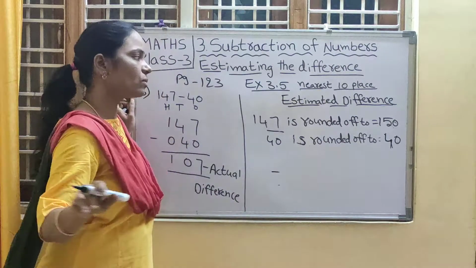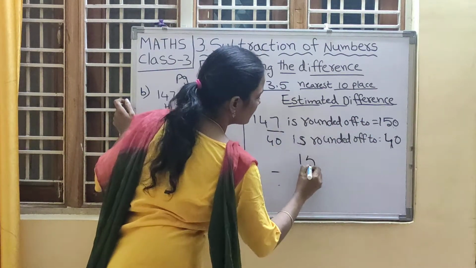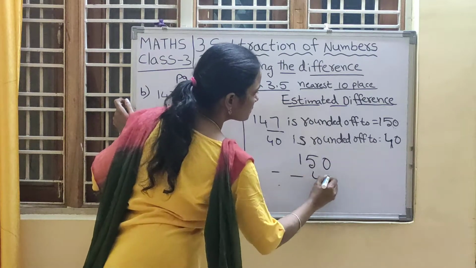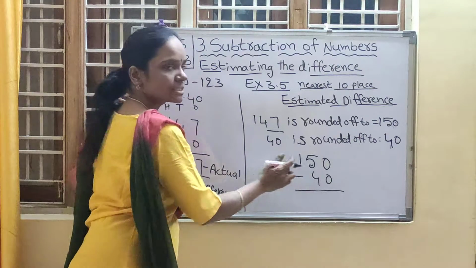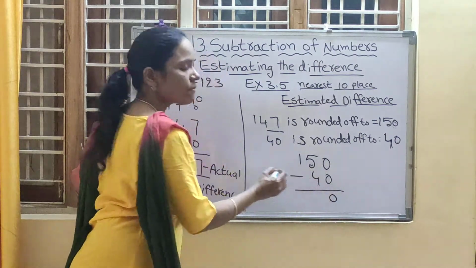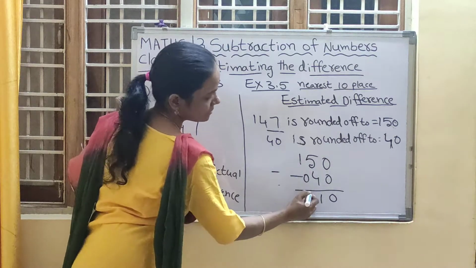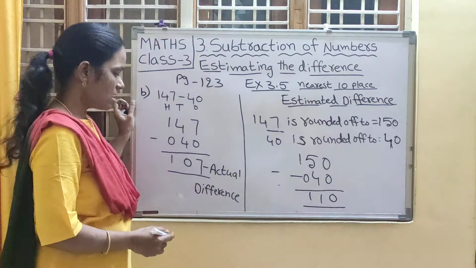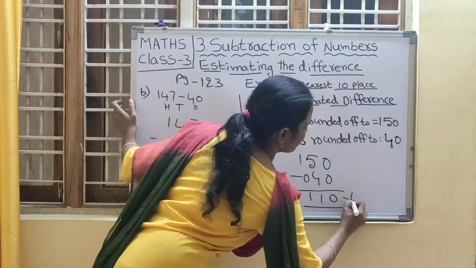We have to take rounded off numbers. 147 is rounded off to 150. 150 minus 40. Am I right? Yes. 0 minus 0 is 0. 5 minus 4 is 1 and 1 minus 0 is 1. 110. 110 is the estimated difference.